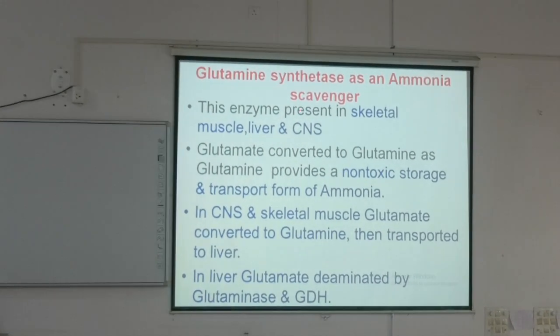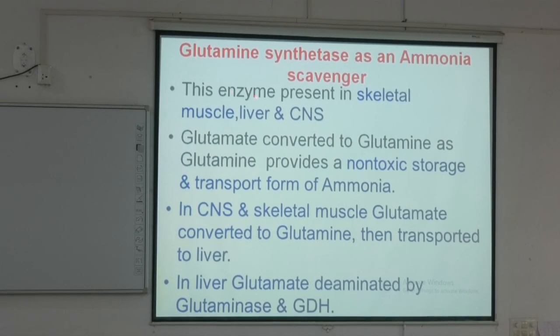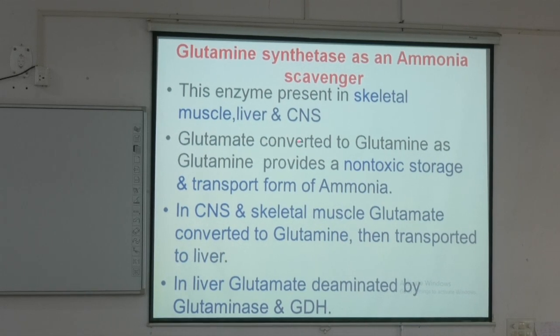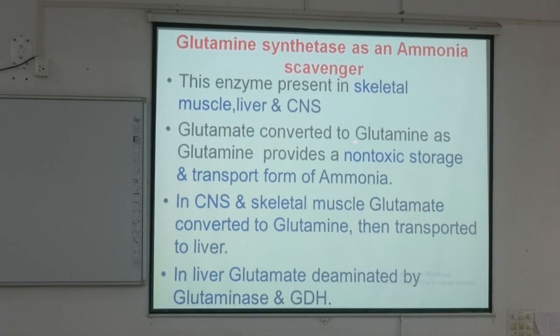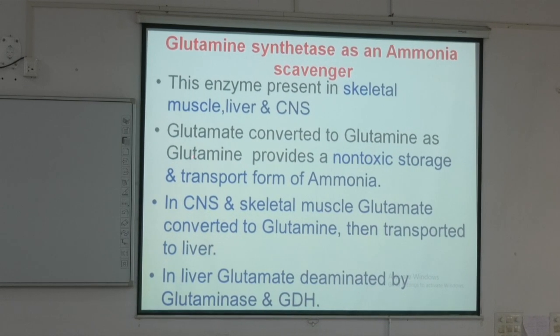Glutamine synthetase is an ammonia scavenger. This enzyme is present in muscle, liver and the central nervous system. Glutamate is converted to glutamine because glutamine is a non-toxic storage and transport form of ammonia.